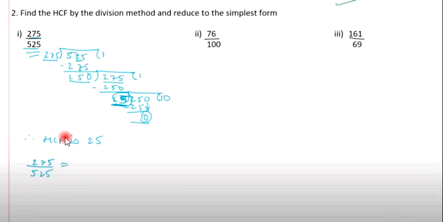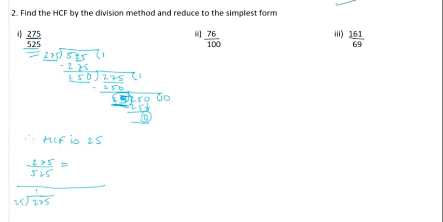Next, you will write the fraction 275 upon 525 and divide it by 25 because 25 is the HCF that we have found. So each of these numbers, that is the numerator as also the denominator, divide by 25. 25 11s are 275.